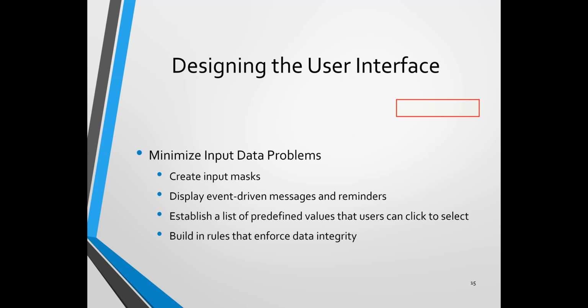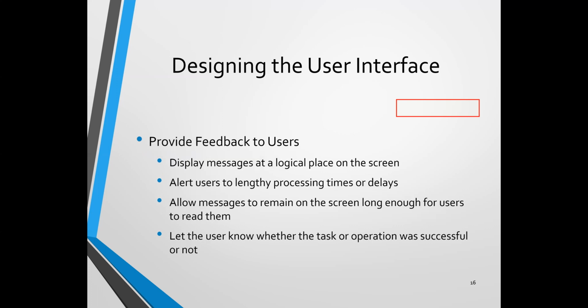Okay, the next one, we talk about providing feedback to users. In this one, what does it mean? When you design the user interface, it should be able to display messages at a logical place on the screen so that users know what they are doing.